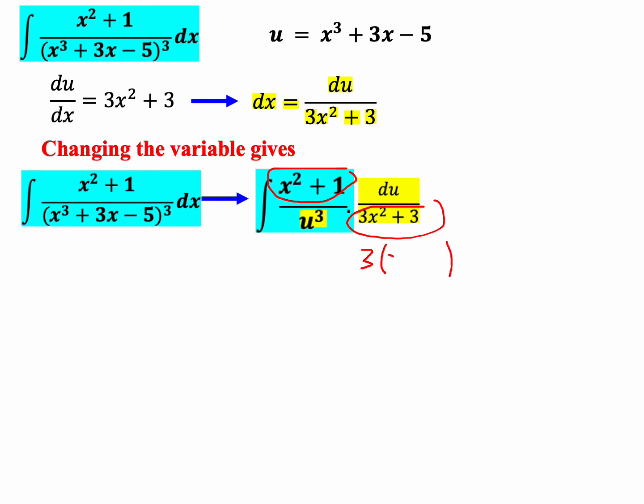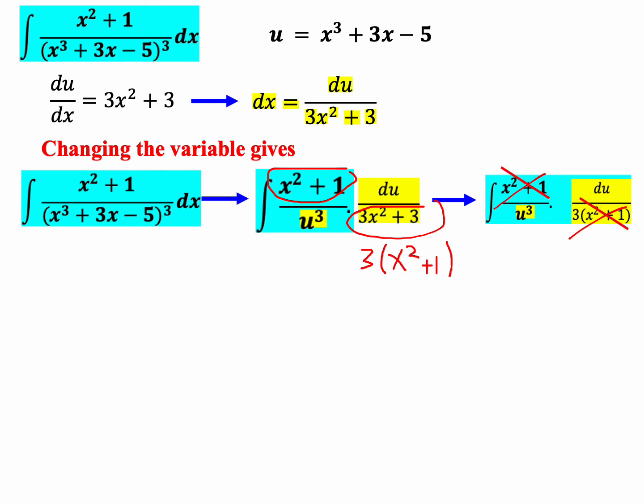So we get 3 outside, we get x squared plus 1. If I do this, I can easily cancel later. So when I get the common factor, I can easily cancel x squared plus 1 with x squared plus 1. So then I get a new integration with only u.